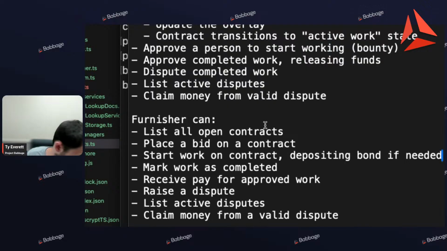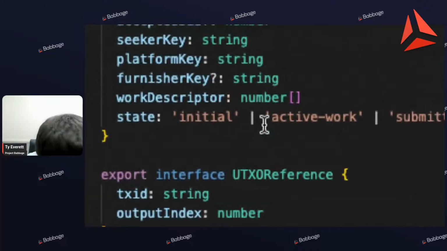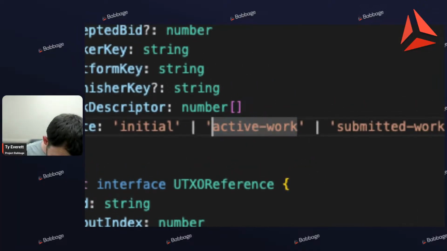So when somebody accepts my bid, then the only way that can start is when I post my bond and start my work. That means that the contract state needs an additional one for this type, which is going to be like bid accepted.